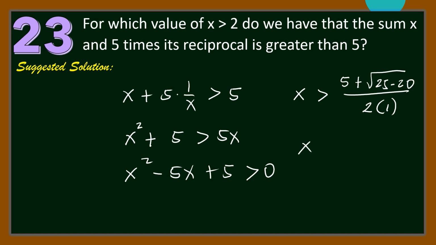So we have all values of x greater than 5 plus the square root of 5 over 2.